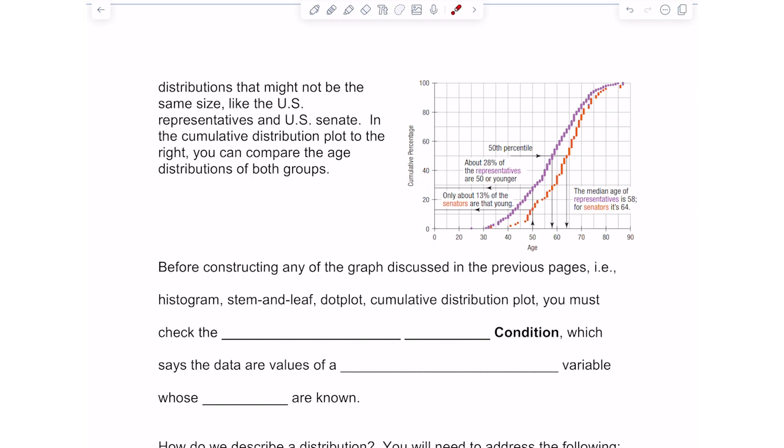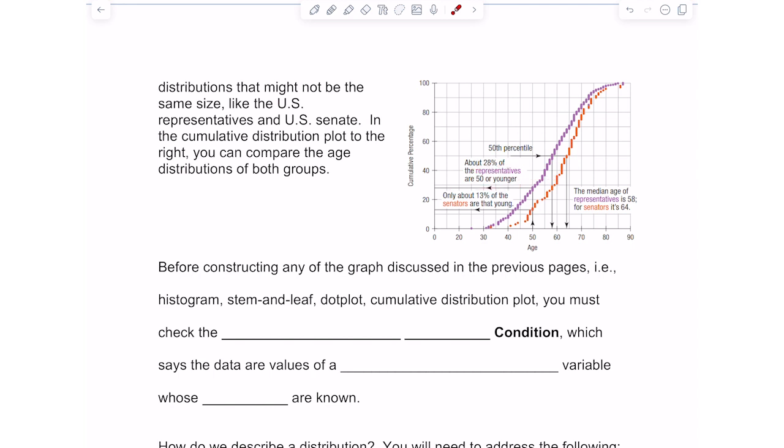Okay, so what are some features that you can tell by looking at this? About 28% of the representatives are 50 years or younger, while only 13% of the senators are that young. Okay, that's something that I can tell by looking at that, right? So you can see here where they have it blocked off.